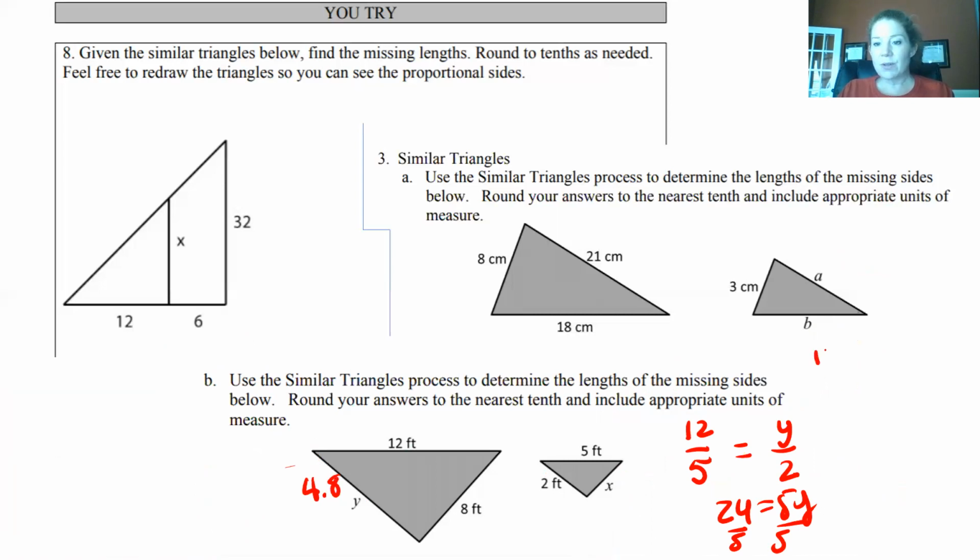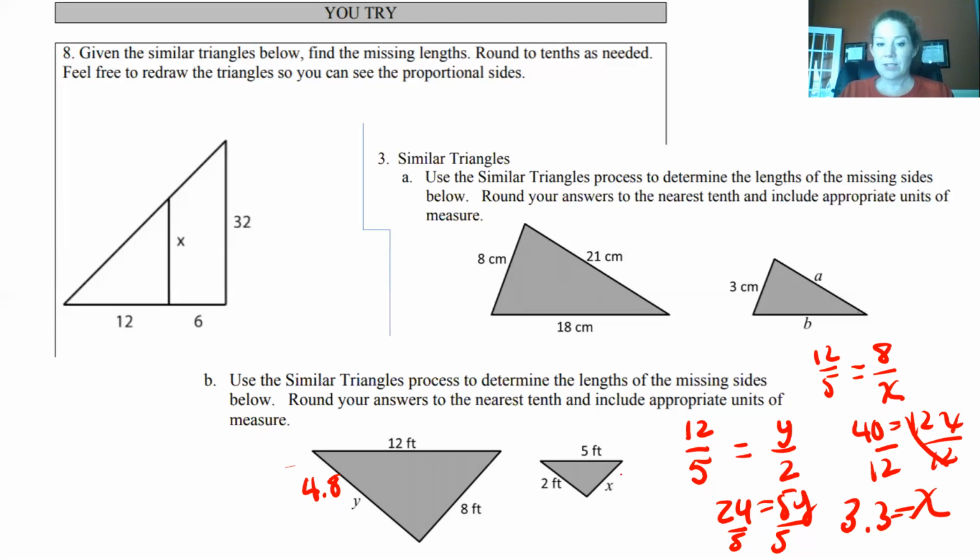Then we can do 12 to 5 and 8 goes with x. If we cross multiply, we get 40 equals 12x. Divide both sides by 12, and x is 40 divided by 12, about 3 1/3, or 3.3.